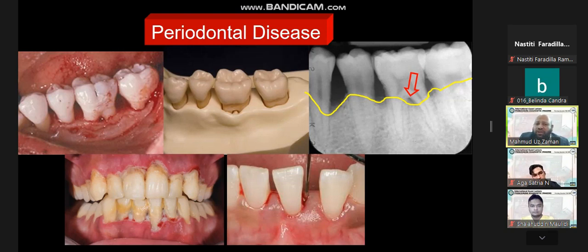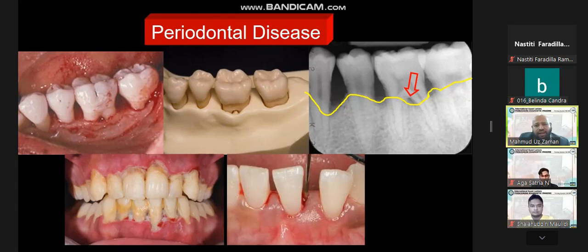So in case of periodontal disease, there are sometimes localized and generalized forms. If it is localized, you think there's only one particular segment or one particular tooth or two or three on one side, then you go for periapical radiograph.